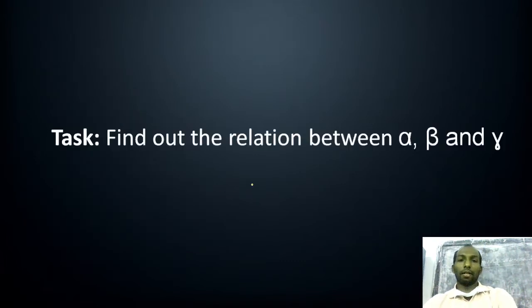In the previous lecture I gave you a task to find the relation between alpha, beta and gamma. I hope you derived the relation, and in this lecture I will explain how to derive this.